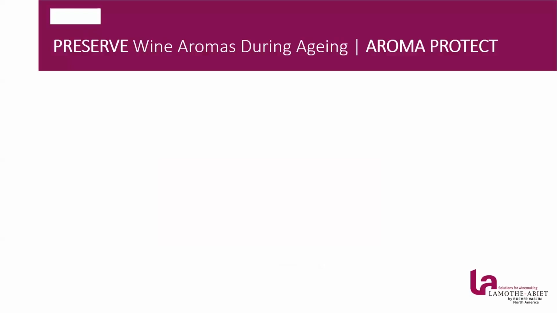So, and then last but not least, when you have all the components extracted, when your aromas are there, you have everything ready. The challenge is to preserve these wine aromas during aging and until the wine is consumed.